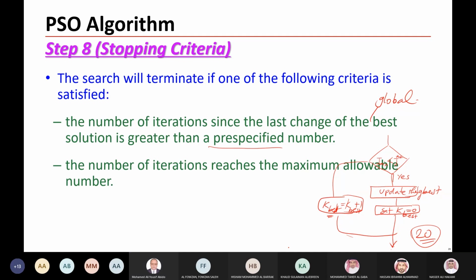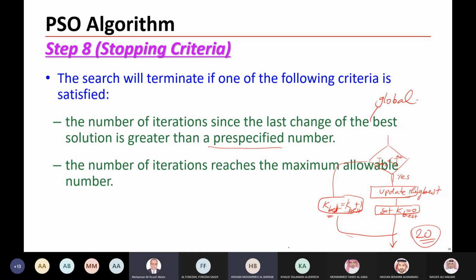Okay. Do you see the difference between the particle swarm and the genetic algorithm? Can we say, in other words, that swarm optimization will save the previous best solution, then update on that?